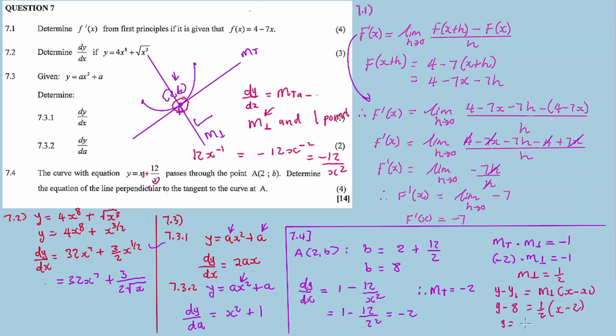Therefore y is equal to 1 over 2 times x, it's 1 over 2 x, and then 1 over 2 times minus 2 is minus 1. Now transposing 8, we get positive 8, so negative 1 plus positive 8 is a positive 7. So this is our equation for the perpendicular line.